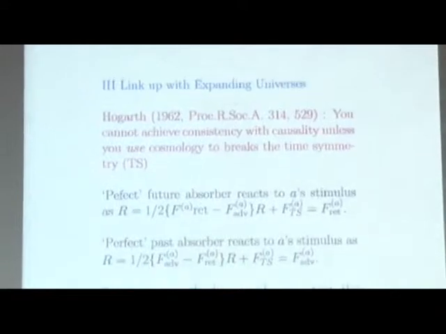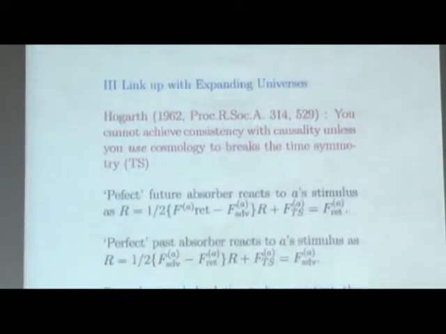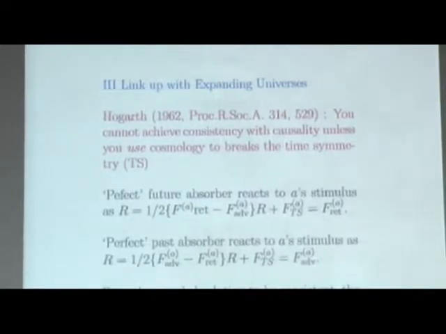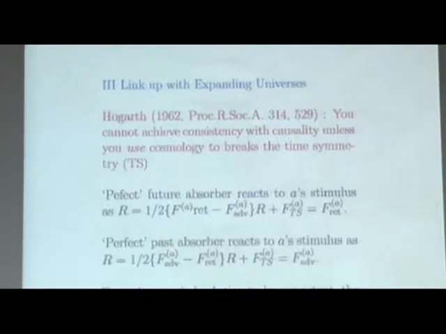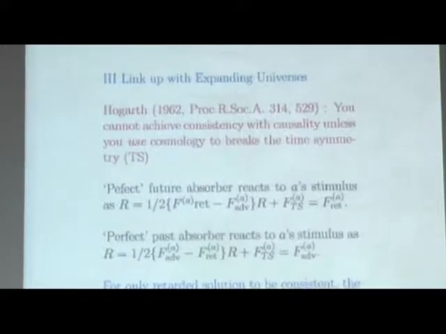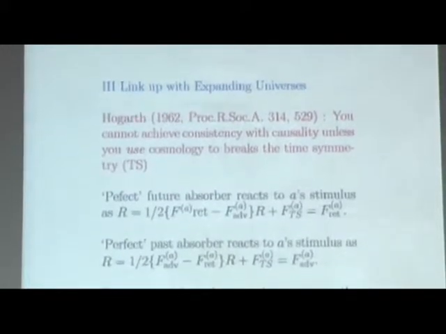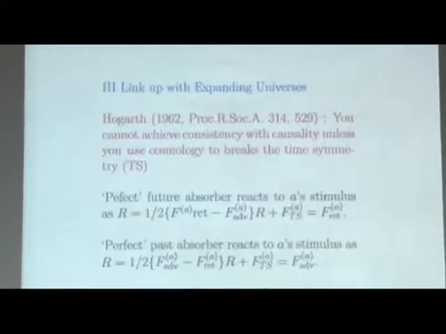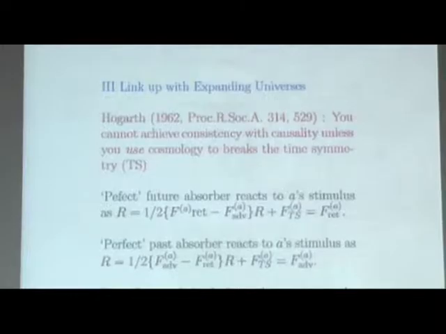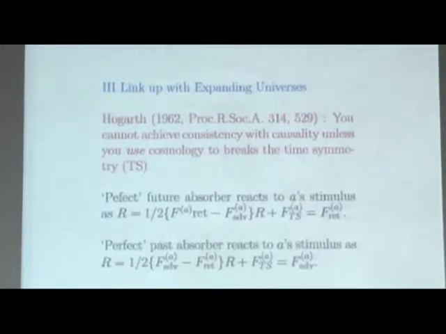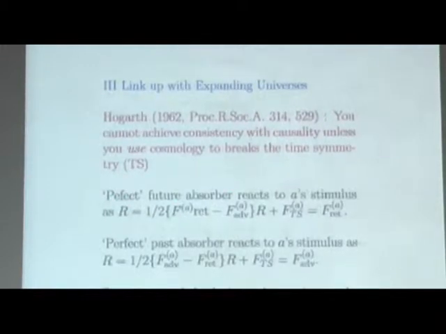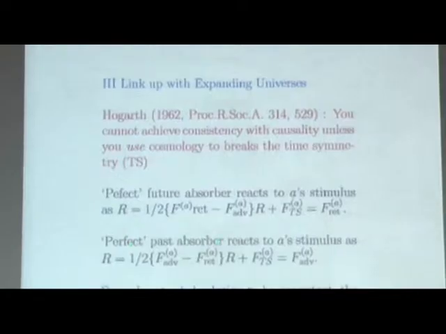So, Hogarth's argument was that using thermodynamics was not necessary, because before you reach any thermodynamic argument, you first have to deal with a universe which is properly represented as an expanding universe, or whatever the observers are telling you about. So, he made a distinction that there is a perfect future absorber and a perfect past absorber.